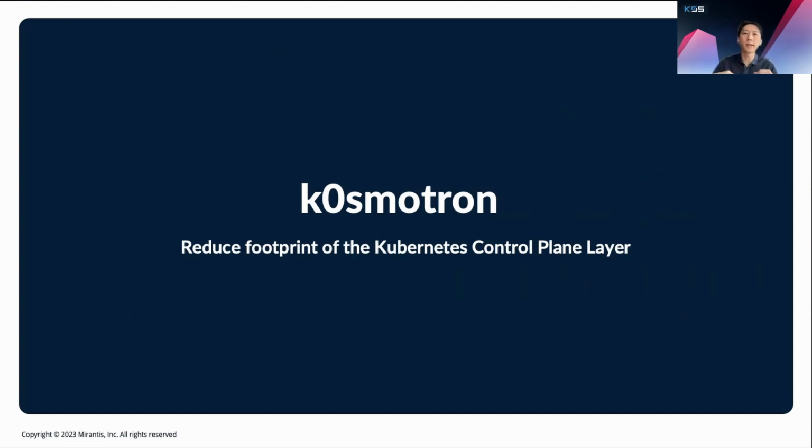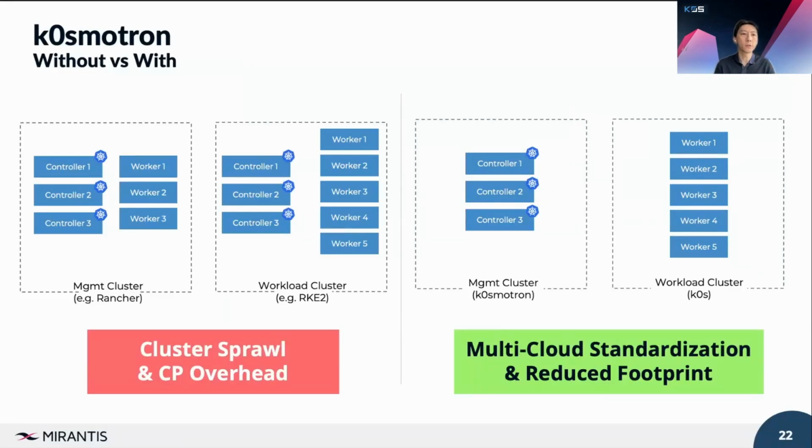So when we're talking about control planes, you're looking at deploying them in separate nodes and so on and so forth, right? So what does that even mean? Let's look at what k0smotron does. Now, before k0smotron, we've all seen this setup before. We've got your management cluster, which needs a number of controllers. So we're doing a minimum of 3 because we want to make sure you have high availability. We have our worker nodes here.